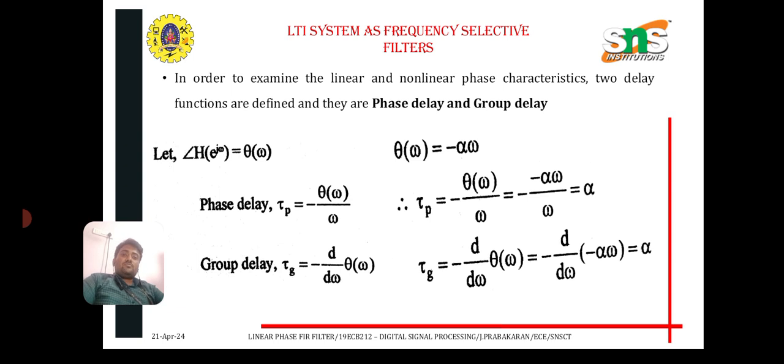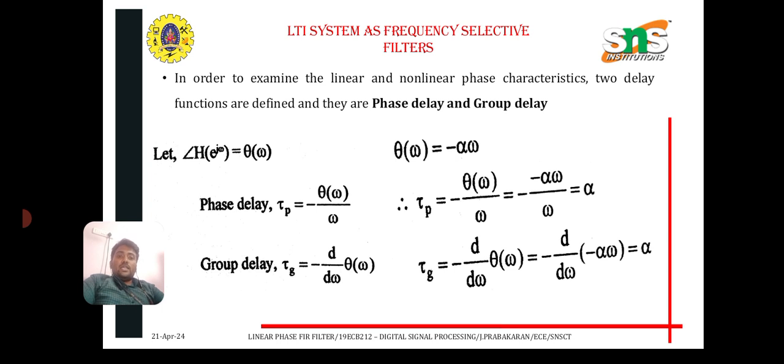In order to examine the linear and nonlinear phase characteristics, two delay functions are defined, and they are phase delay and group delay. Phase delay is represented as tau p, which is equal to minus theta of omega divided by omega.